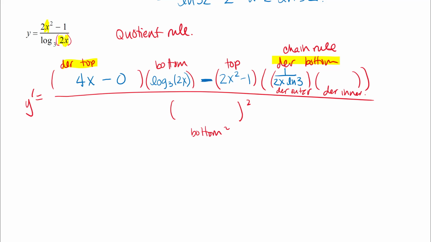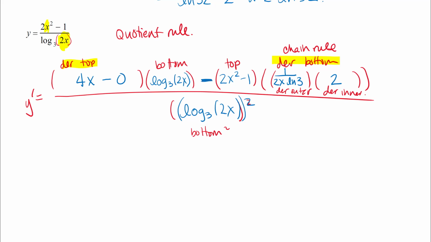I'm going back to my original function and looking at what is the inner part on that logarithm function to figure out what I'm taking the derivative of here. So the derivative of the inner here is just the derivative of 2x, which is 2. And then the bottom squared, so log base 3 of 2x and the whole thing squared.